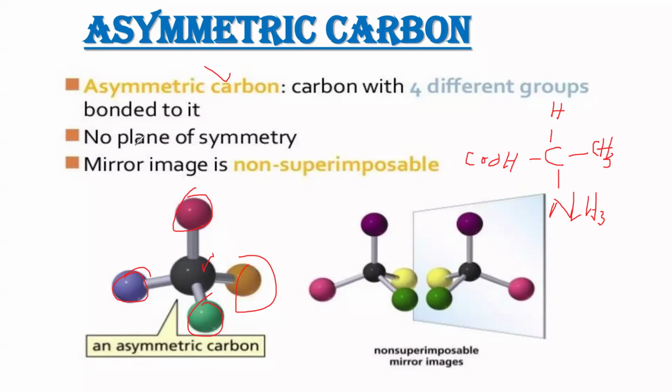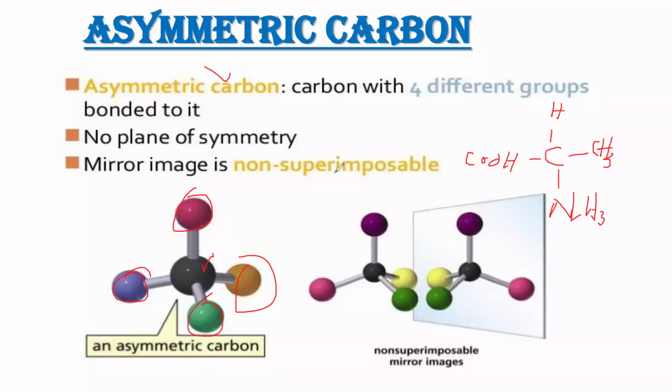All those carbons that have 4 different groups attached to it are called asymmetric carbon. And another thing, no planar of symmetry. When we say no planar of symmetry, it means that they are not the same, and they have a mirror image that is non-superimposable. You cannot superimpose them.